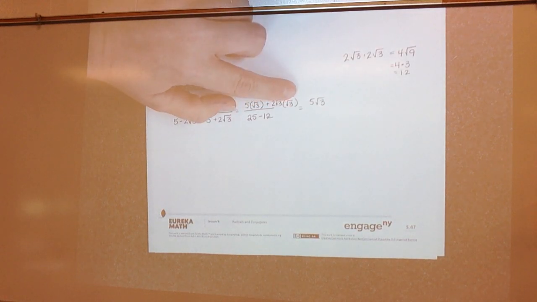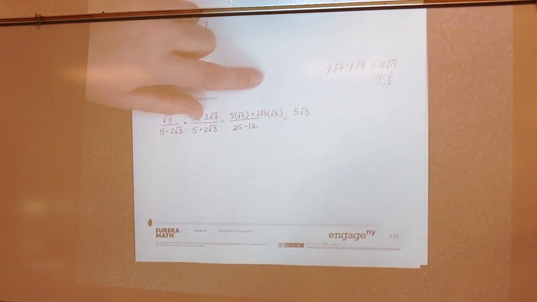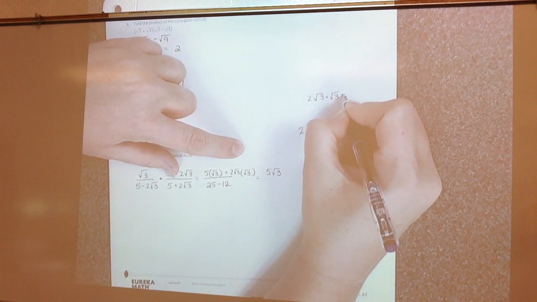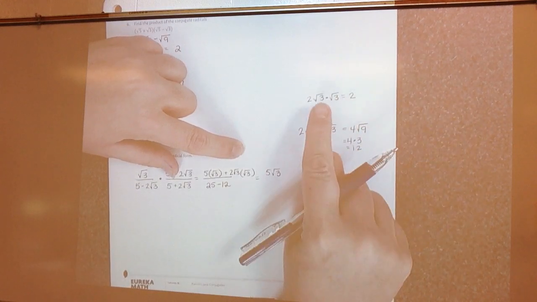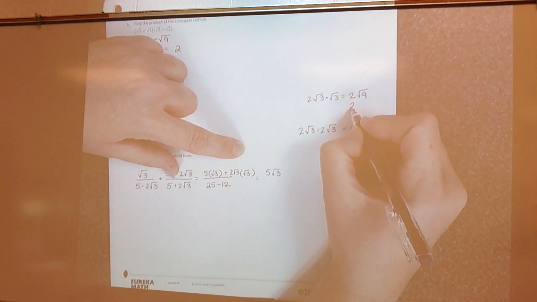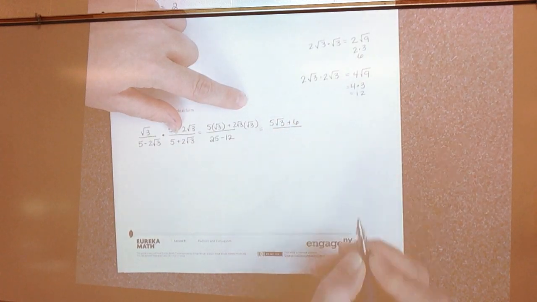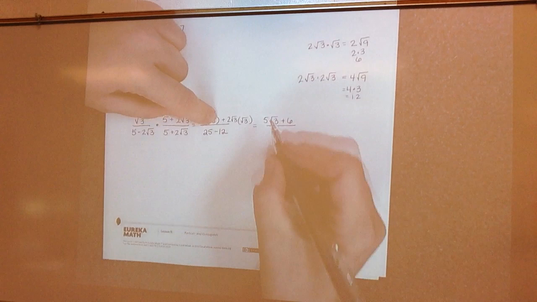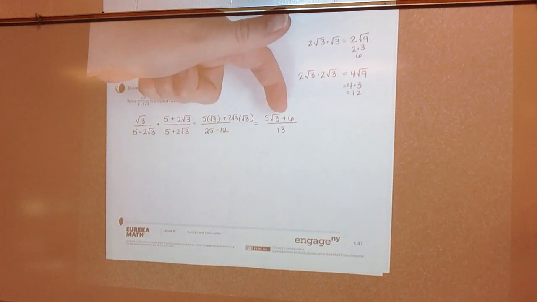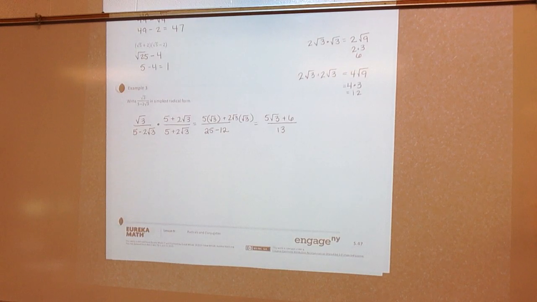Then 2 times the square root of 3 times the square root of 3: the square root of 3 times the square root of 3 is the square root of 9, which is 3, so 2 times 3 gives me 6. 25 minus 12 is 13. The square root of 3 is as small as I can get. There's no radical in the bottom, so I'm finished.